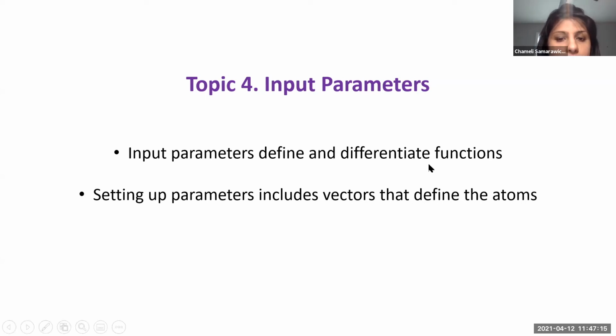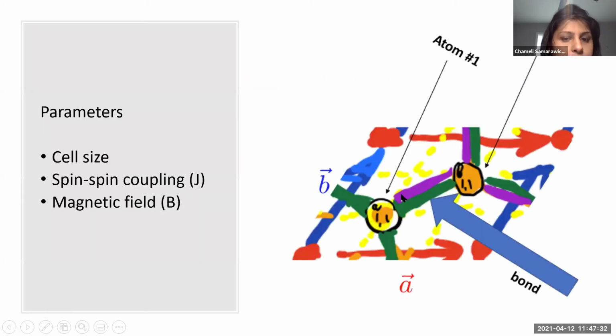So input parameters define and differentiate functions, and also setting up parameters and structure includes vectors that define atoms and also the number of atoms in one unit. So we can see a simple picture on the next slide. Here, the vectors and the bond length are shown in a simple picture of a unit.